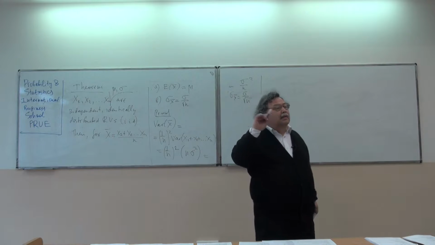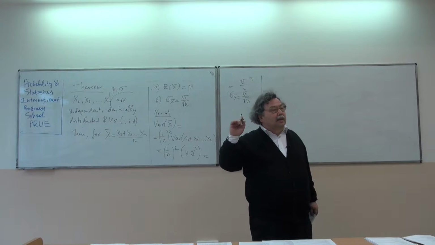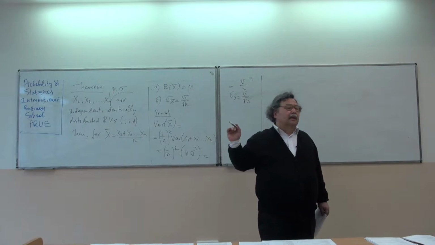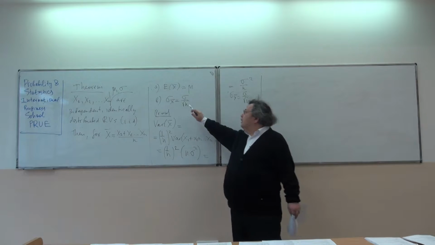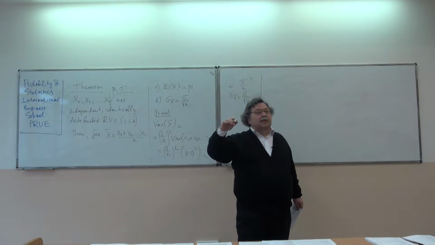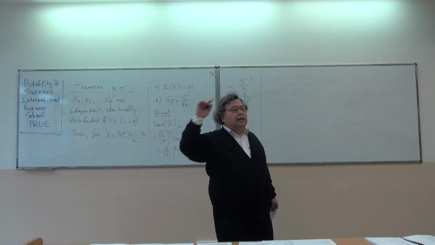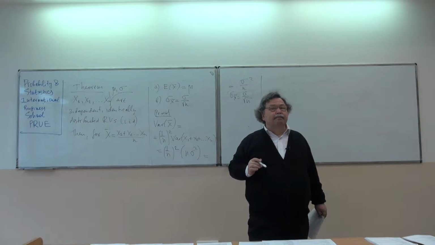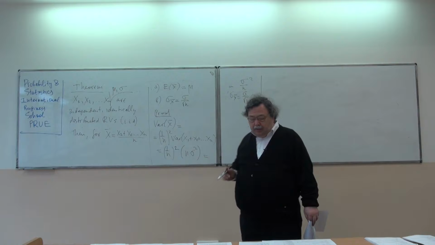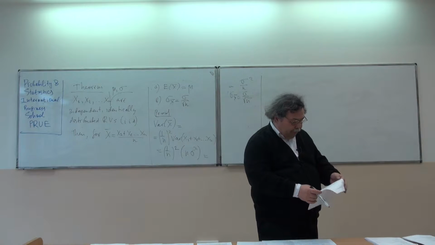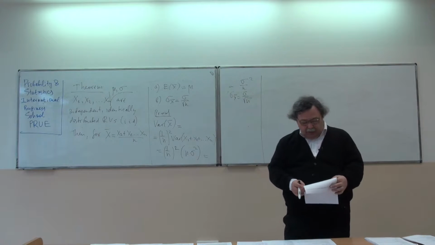Okay, so sigma x bar is actually a smaller value than sigma. It's obtained from sigma by dividing by the square root of n. Okay. Well, okay, and let's give it an example.